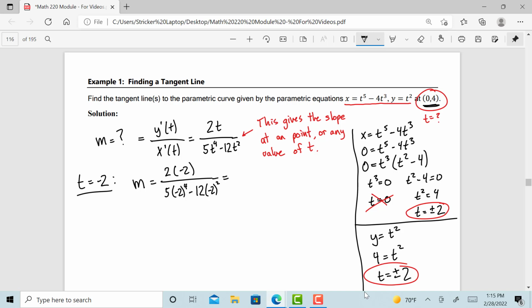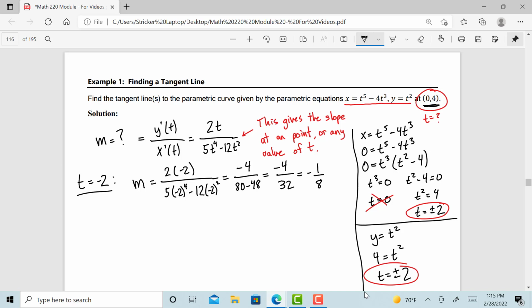And so that's going to be negative 4 on top. And what do we get on the bottom? Negative 2 to the 4th is 16. 5 times 16 is 80, minus 48. I believe that's minus 48. It's going to be 32. So we have negative 4 over 32. That reduces to negative 1 over 8.